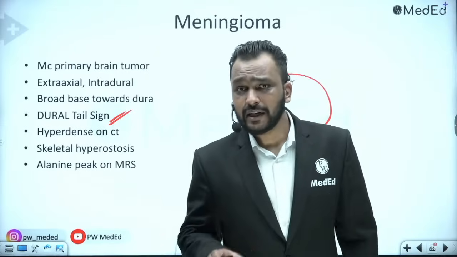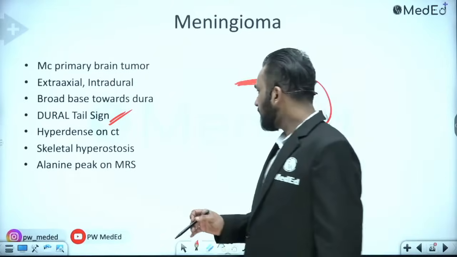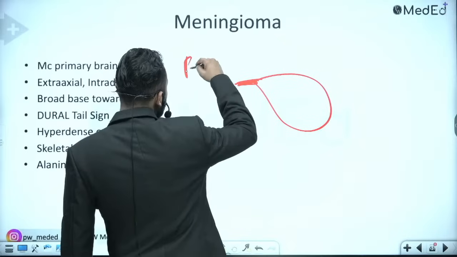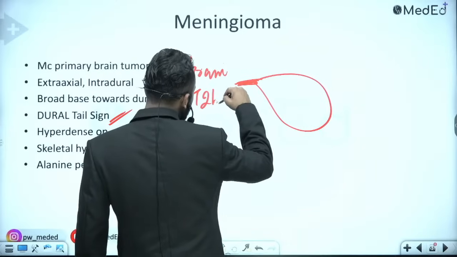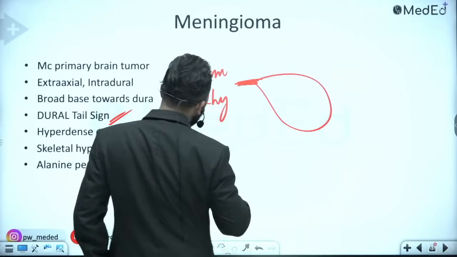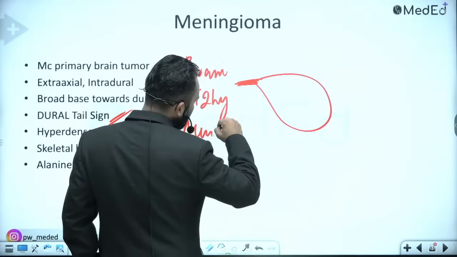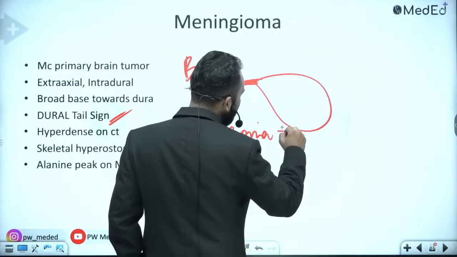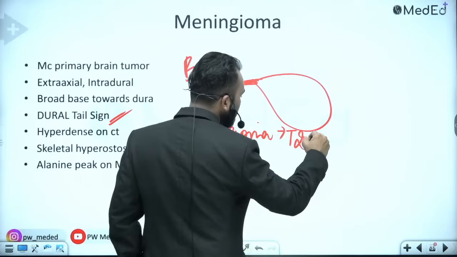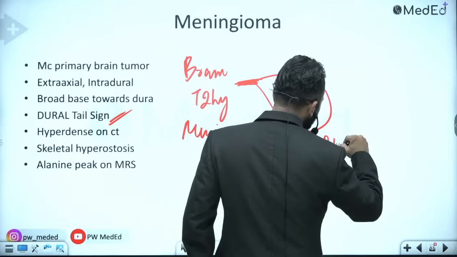Most of the brain tumors appear T2 hyperintense, whereas your meningioma will appear T2 isointense.